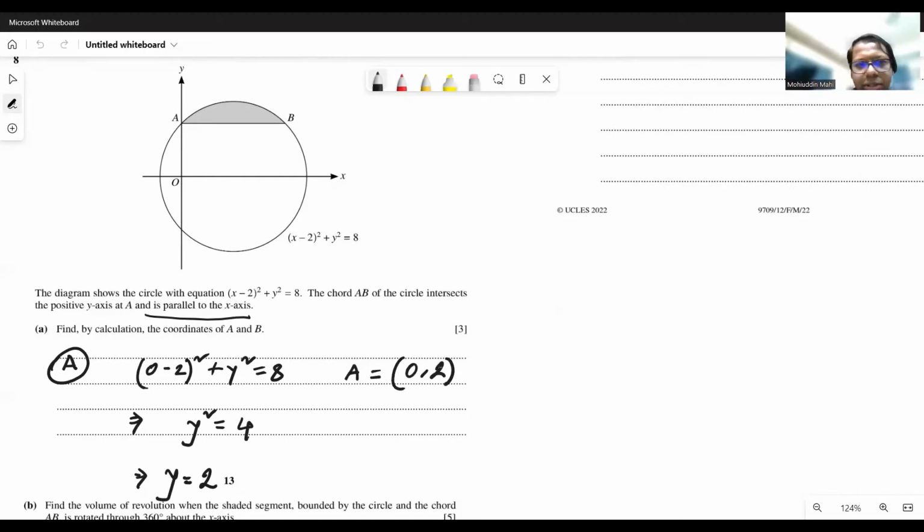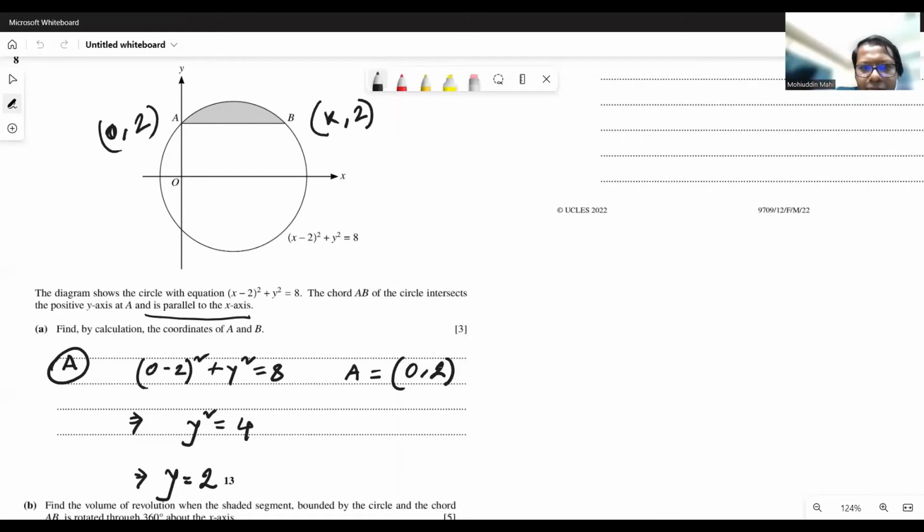Now think about it. In the question, it's given that the chord is parallel to x-axis. So as it is parallel to x-axis, the y-coordinate of A and B is going to be the same. So here, let's consider x-coordinate as k and y-coordinate 2.